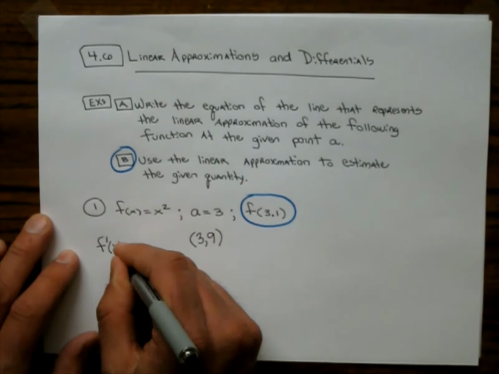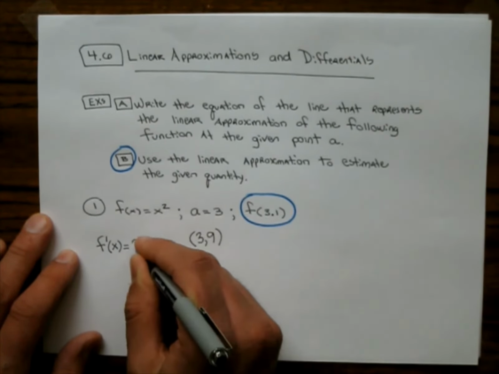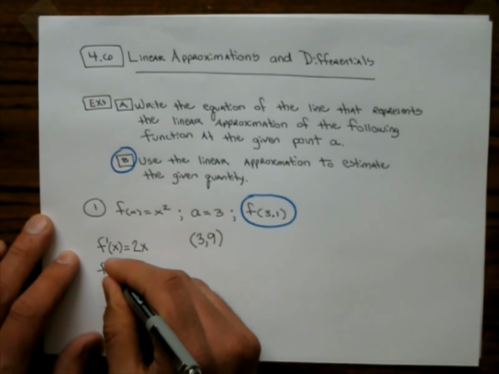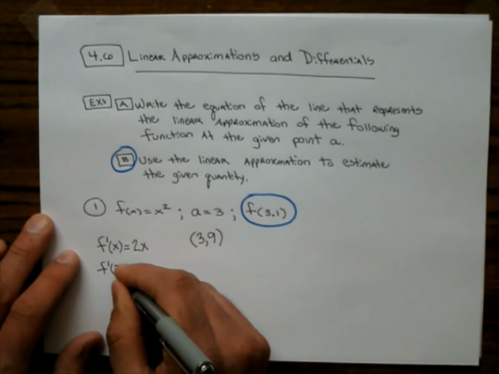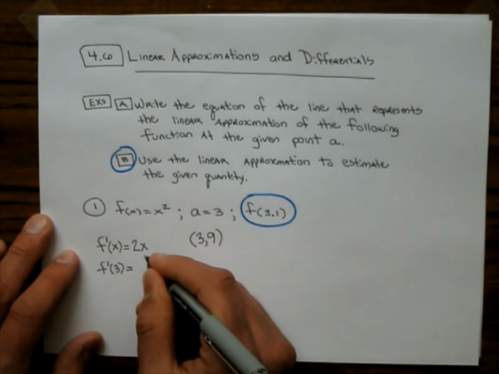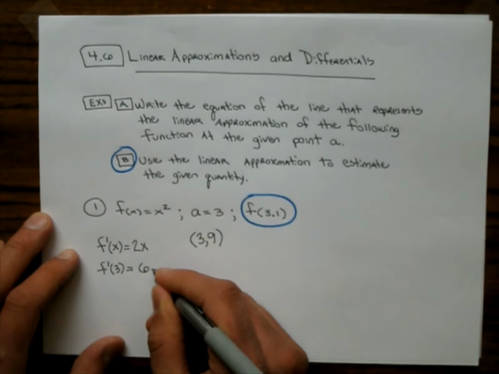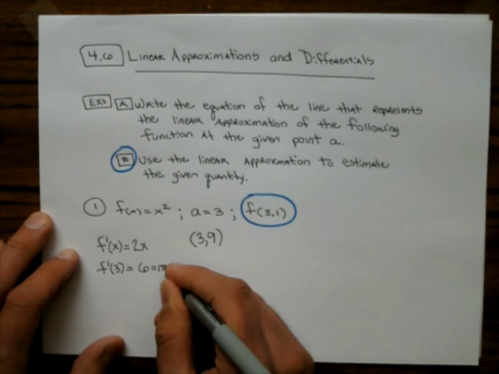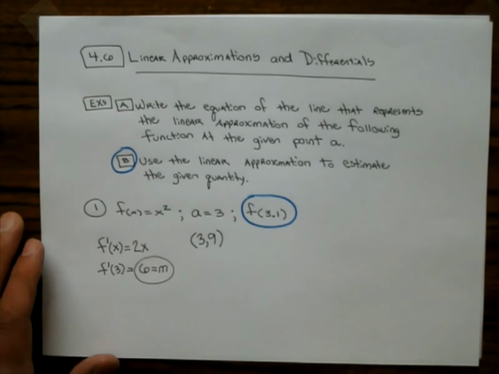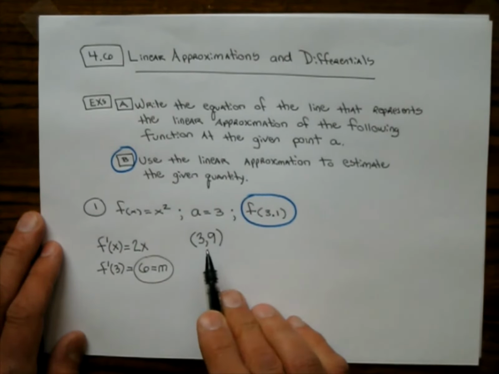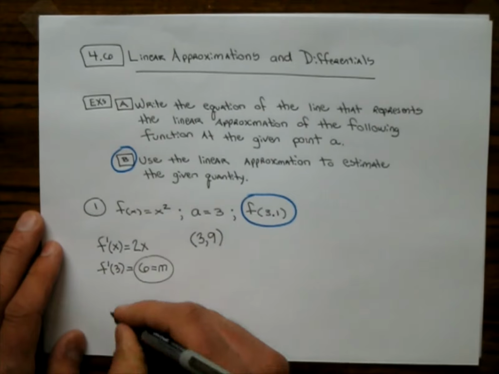So f prime is 2x, and the slope at this point, we put 3 in for x. We get 2 times 3, which is 6. So 6 is the slope. What they want us to do is find the line that has this point and this slope.